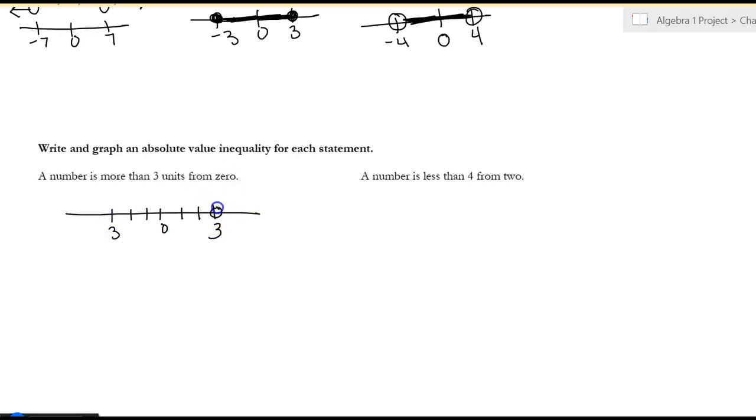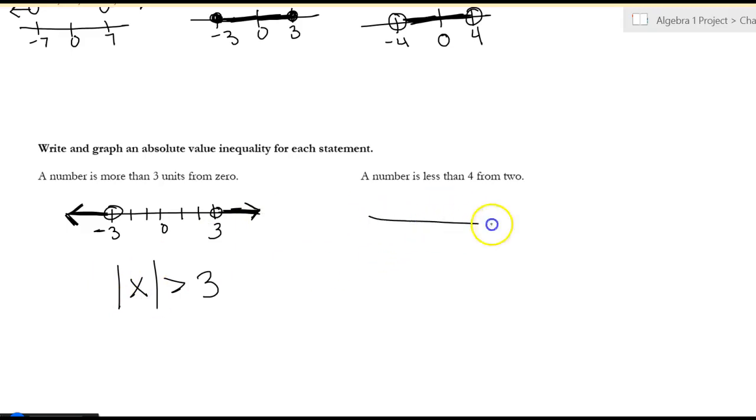So it's not 3, but it's greater than 3, so it's an open circle. And then it's also more than 3 units this way. It's easier to understand if you always start with the positive one. So x has to be greater than 3. And because it goes to the left and right, we can make it an absolute value.